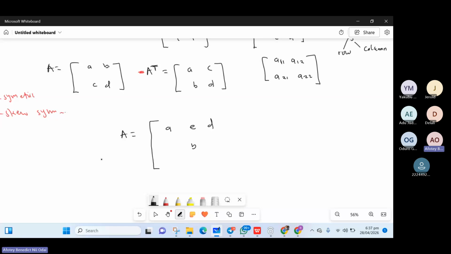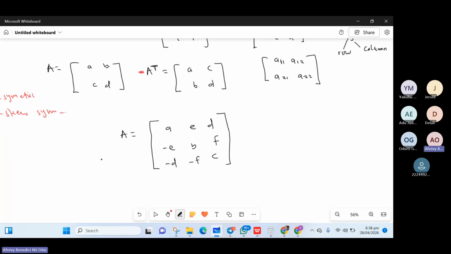So let's have A, B, C. For a skew symmetric matrix, you basically have the negation. Let me write it down so that you can copy it later. This is how to represent a matrix as skew symmetric.